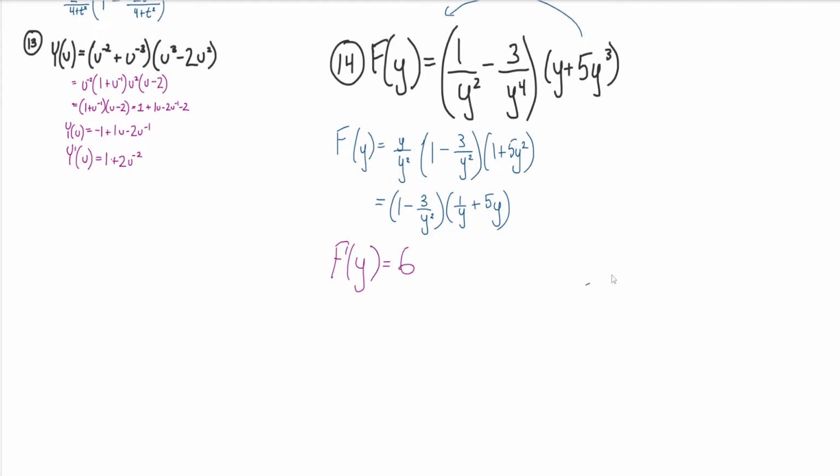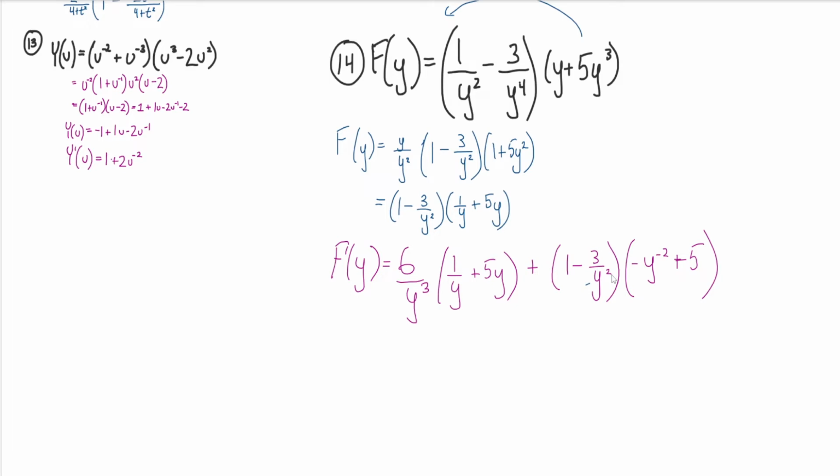So positive 6 over y to the 3, and then times the second as itself, right? And then plus the original first as itself, and then the derivative of the second, which is going to be negative y to the negative 2. Oh, sorry. Plus 5, right?